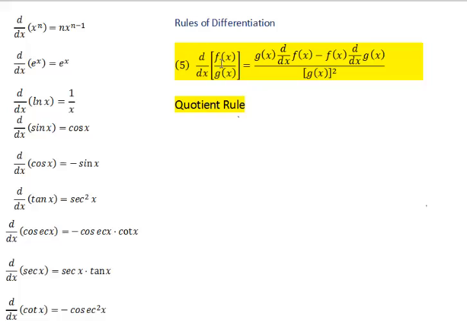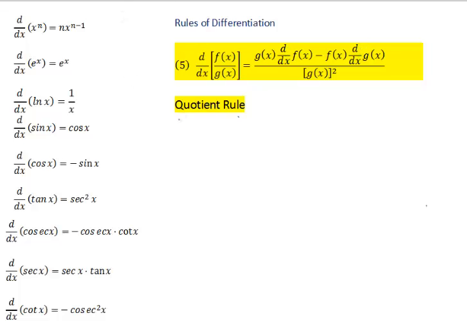It appears quite big, but if you remember the order, it's quite easy. What you have to remember is there's a minus sign here, so the order is important, whether to differentiate numerator first or denominator first. Here you can see, first of all, you have to differentiate the numerator, then the denominator.